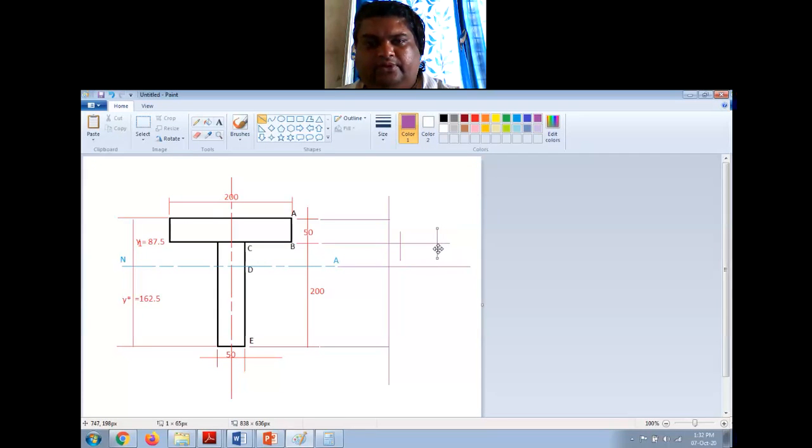Not much of a difference, right? And at D it is 11.64 somewhere here, and at E it is 0, right?